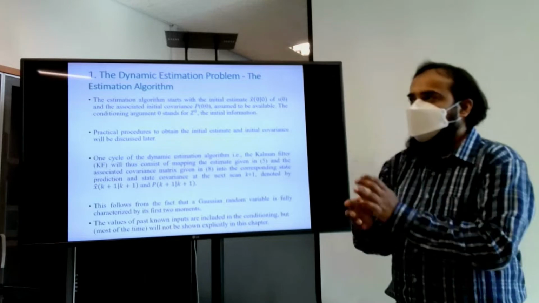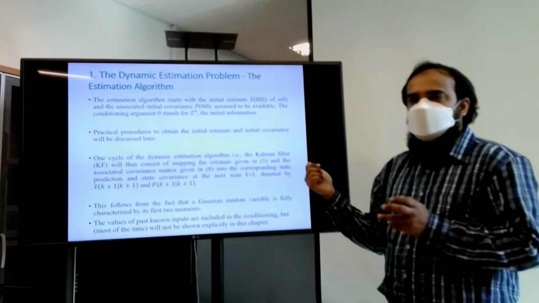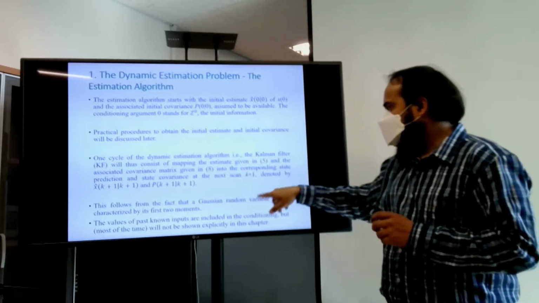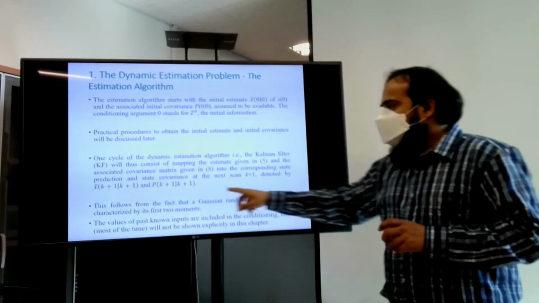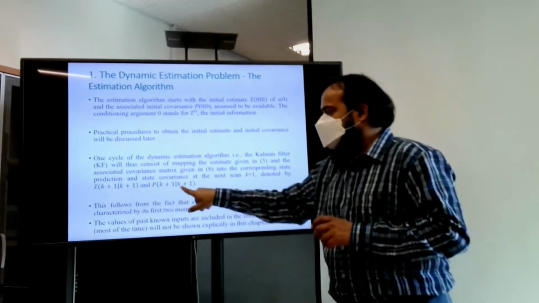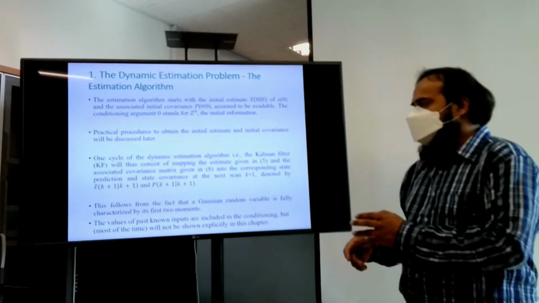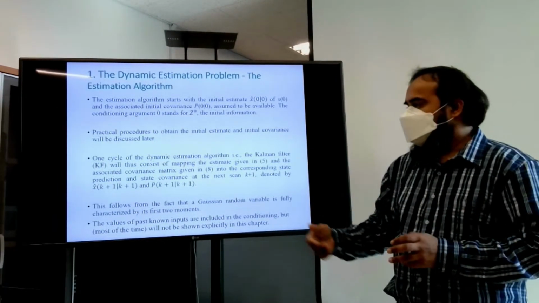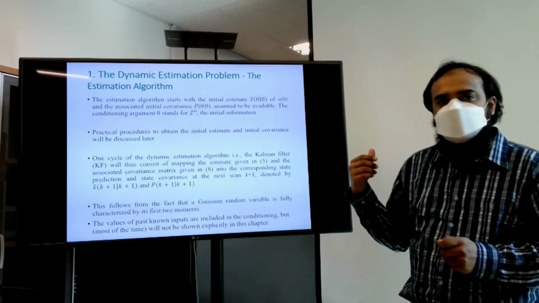So the Kalman filter will map the given filtered value in 5 and 8 into the corresponding state prediction at the next scan k plus 1, denoted by this one and this one, and this will be used at the next scan to calculate the estimate for the next scan based on the next scan measurement.